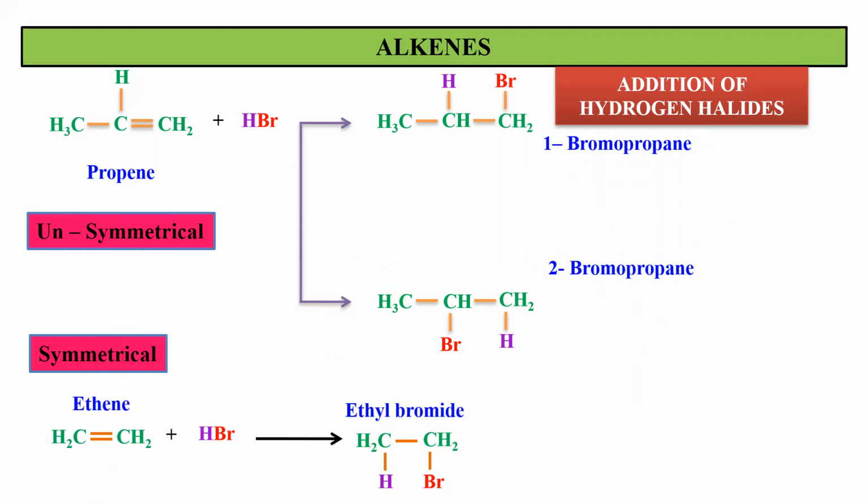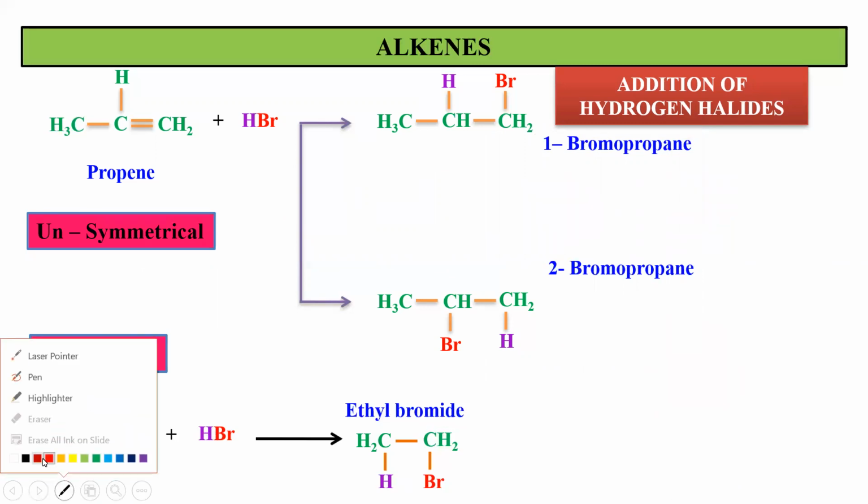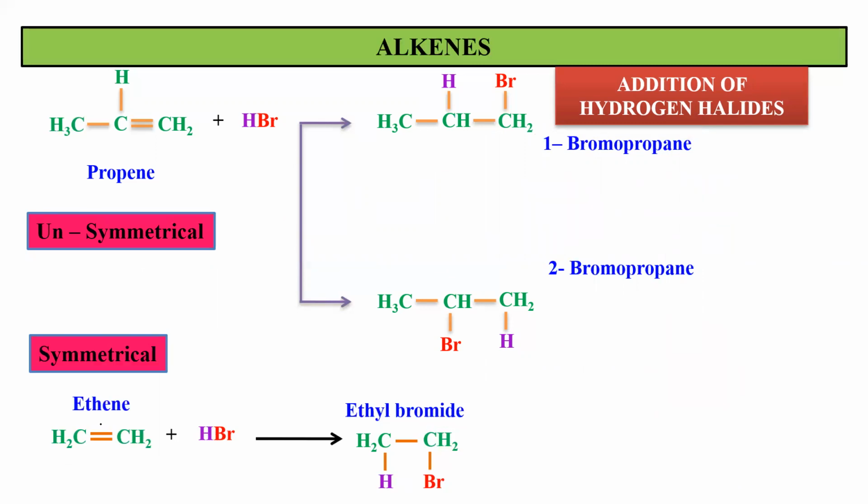It says that whenever you have an alkene, it might be an unsymmetrical alkene or a symmetrical alkene. Now, what do you understand by symmetrical and unsymmetrical? Look, if I have ethene and you break the double bond, on this side you have a carbon group CH2, and on the other side also a carbon group CH2, meaning on both sides you have the same alkyl groups.